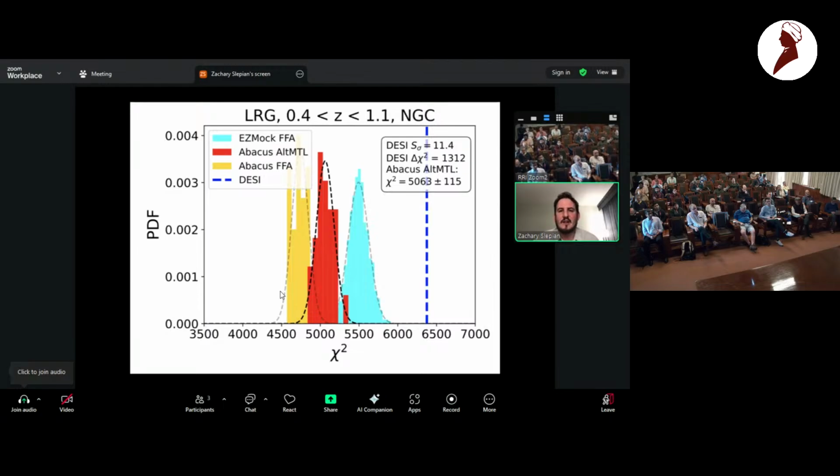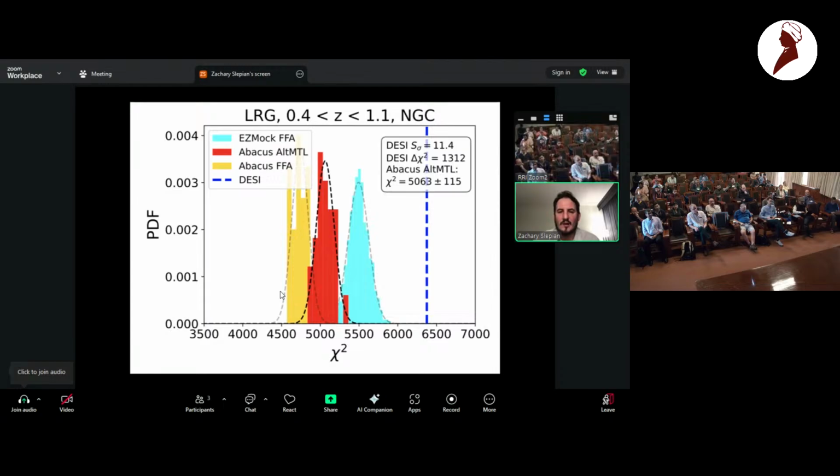And then finally, EZmock FFA is not a high fidelity mock, it's not n-body, and it doesn't have the right fiber assignment method. So it's just here for comparison to show you that these subtleties of how you do your simulation and how you assign fibers to the simulation can affect things quite a bit.